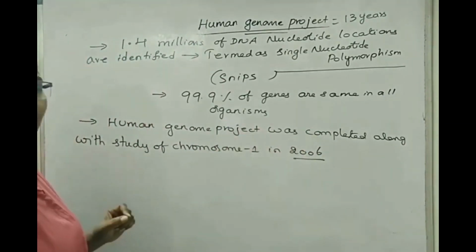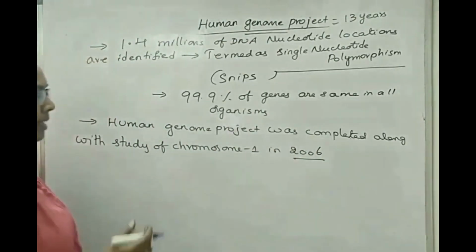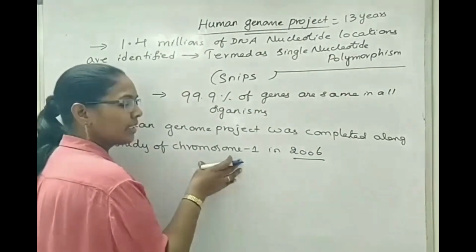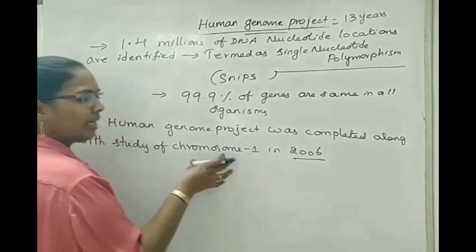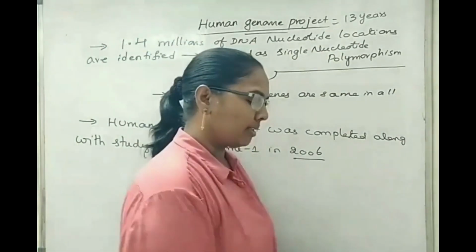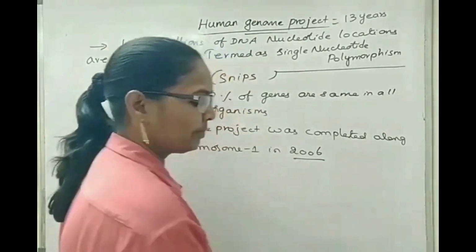Means totally it took 16 years by the time of finishing of chromosome 1. Its complete successful study was done between 2003 and 2006. Before that also the studies were done, but the complete gene sequence was not clearly obtained.